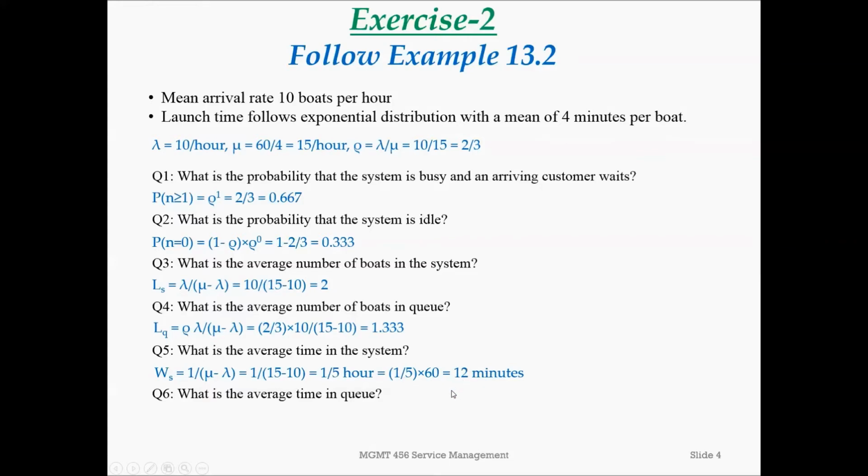The last question: what is the average time in the queue? If you think about the formulas we just discussed on the previous slide, this means WQ, the average time in the queue. This is the right formula. We plug in all the numbers and get 2/15.